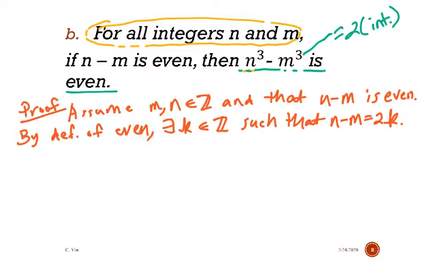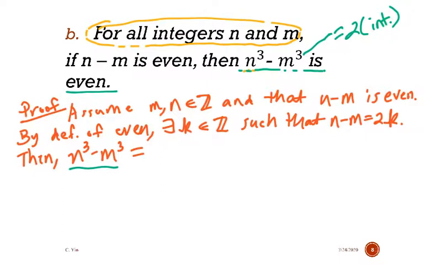Well, let's just go to the n cubed minus m cubed and see if we can get anywhere with that. So I'm going to say, n cubed minus m cubed is equal to... Well, I know that n minus m is even, and I can write n minus m as 2k, so it sure would be helpful if I could write this in terms of n minus m.